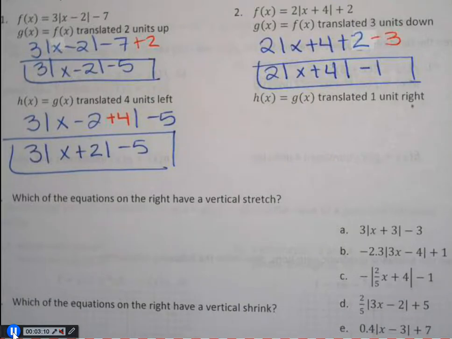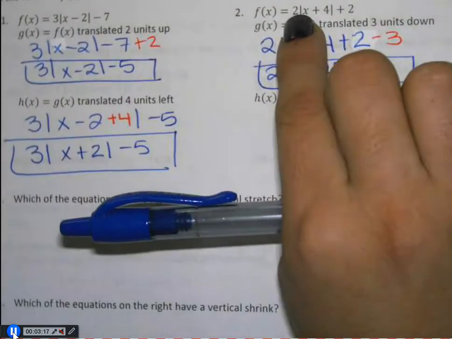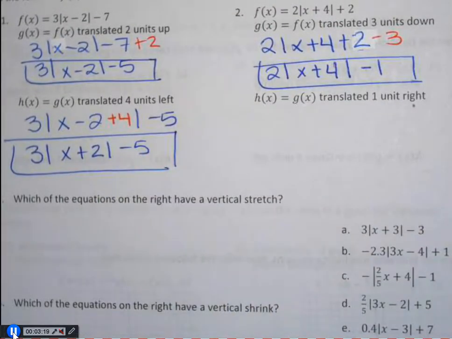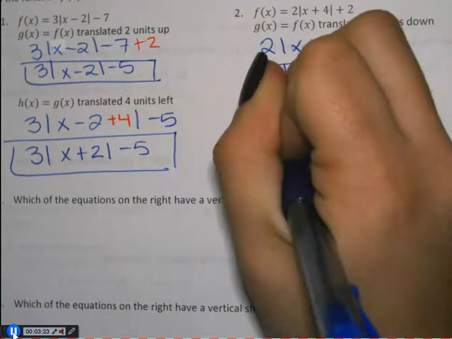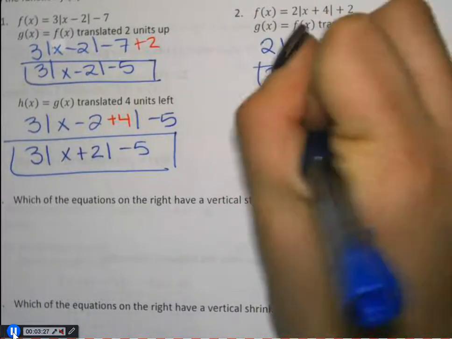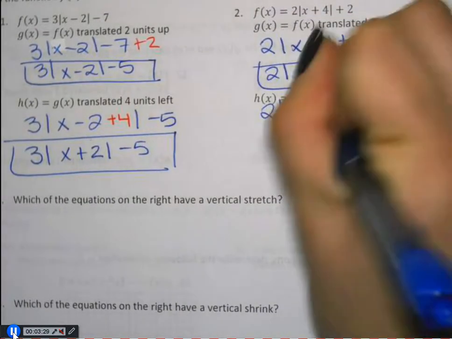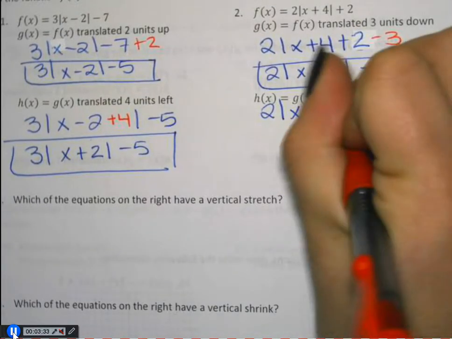Okay, done for the second one. Okay, so then for the second one, to go right, I subtract 1 inside.